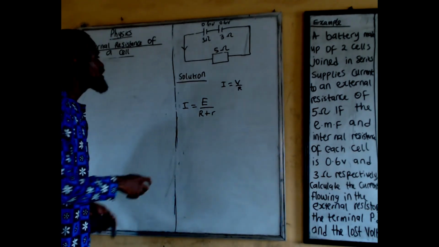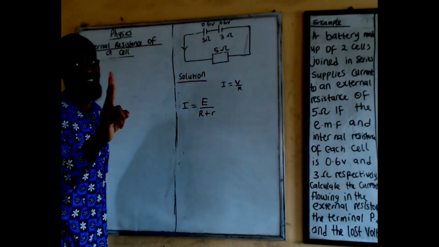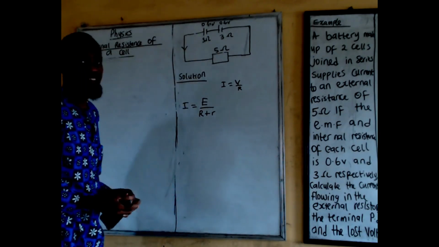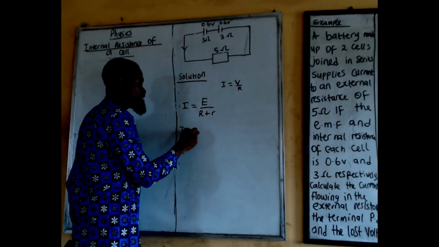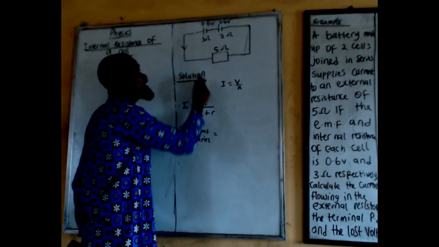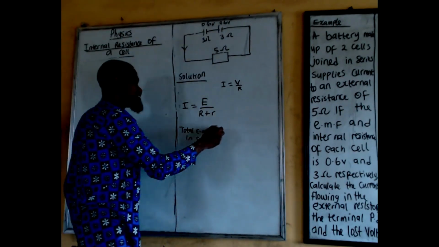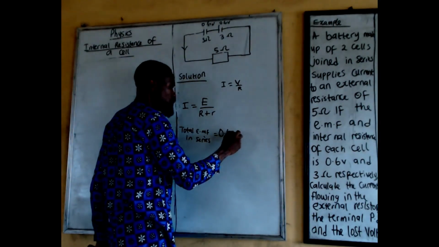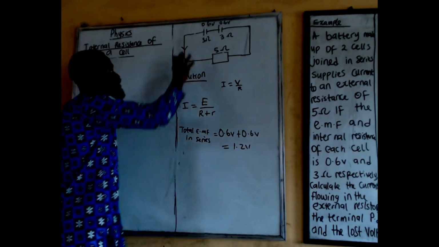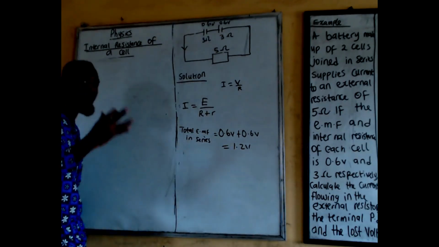But take note, we have two cells, so we have to get the total EMF. They are connected in series, and to get the total EMF in series, you simply add their individual EMFs: 0.6 volts plus 0.6 volts, which gives us 1.2 volts. We are done with the total EMF, the equivalent EMF coming from the two cells.